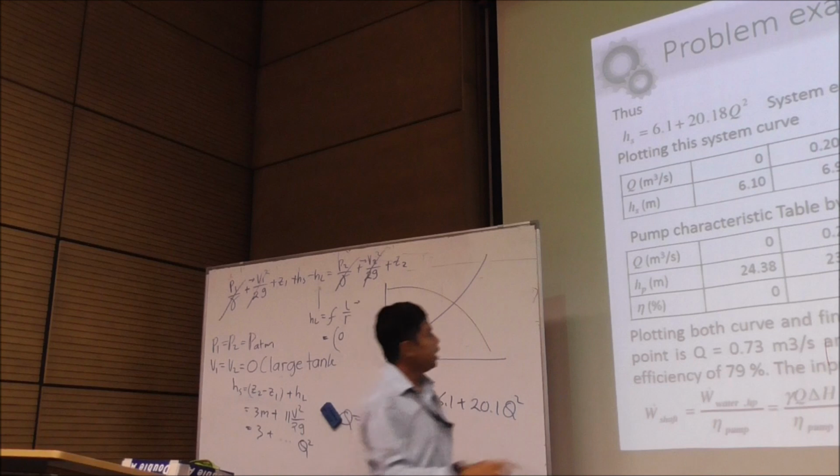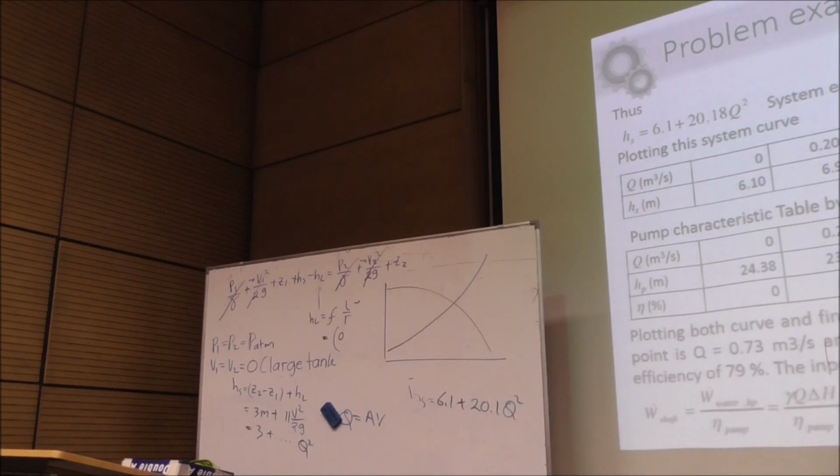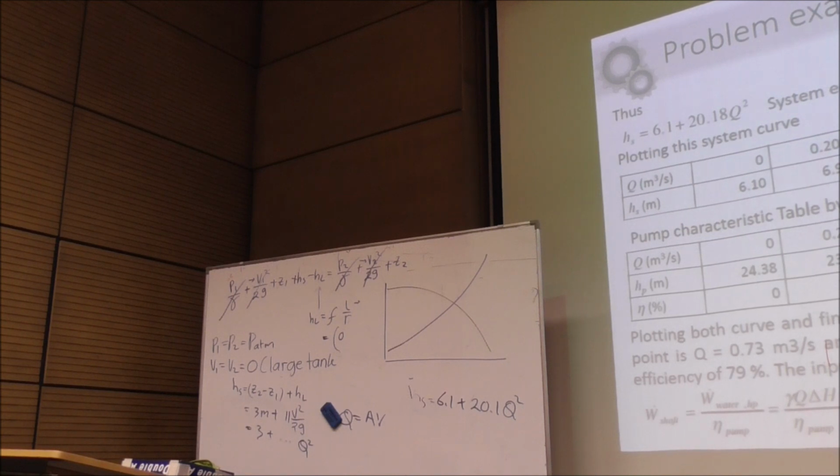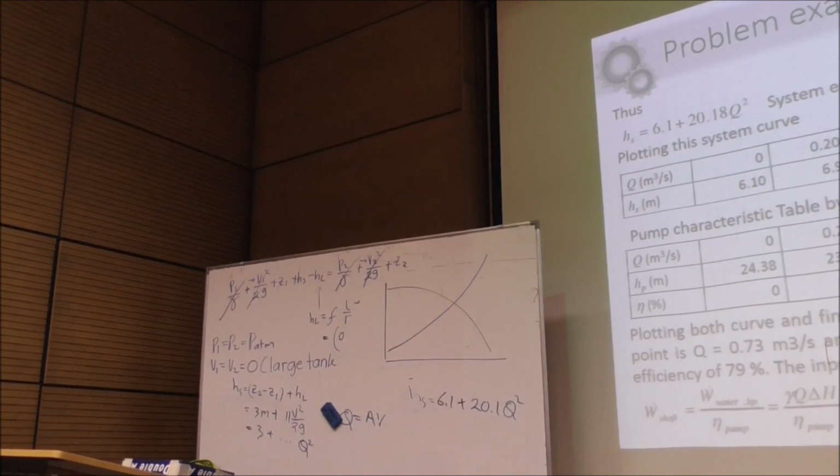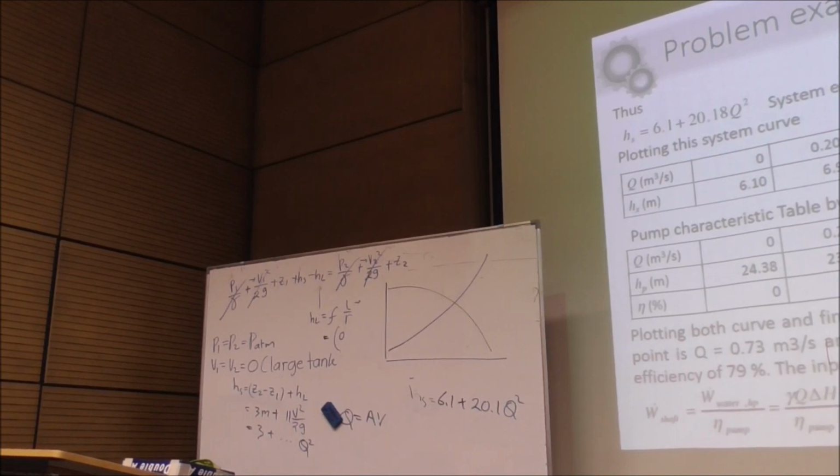Okay, so you can see here, the system, when you want the flow rate to be higher, the pressure head is higher. Whereas for the pump, if you ask the pump to move faster, then it will have a lower pressure. So you need to find which location those are matched.